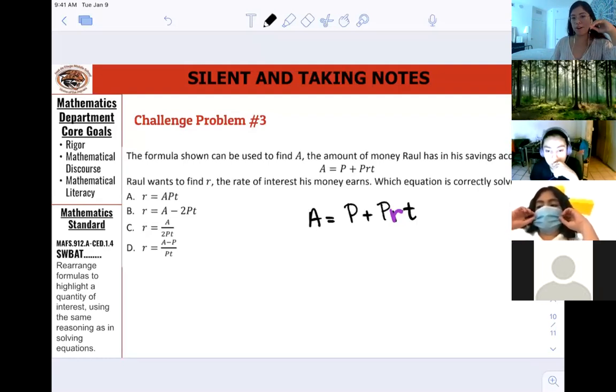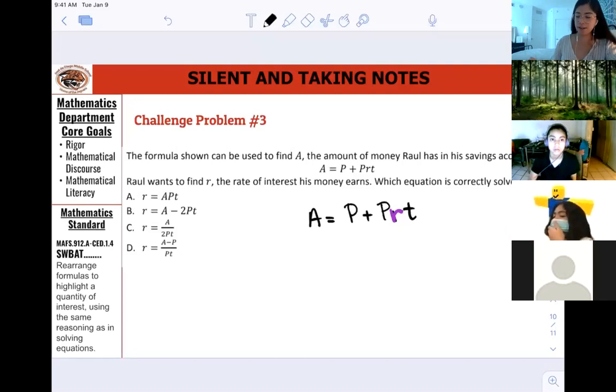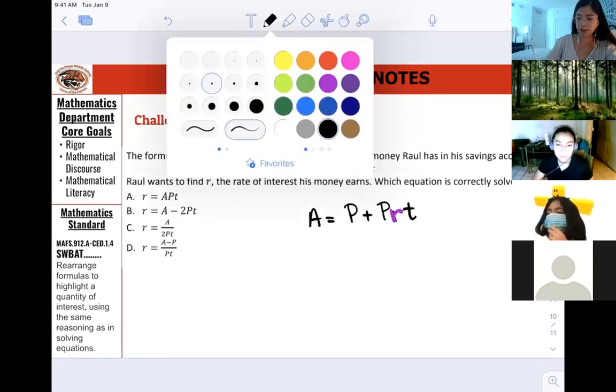But remember, what are you trying to get alone? You're trying to get r by itself, right? In order to get r by itself, let's see, what can we get rid of? We want to get things away, not combine. Like P, the one that's kind of on its own right now, this one?